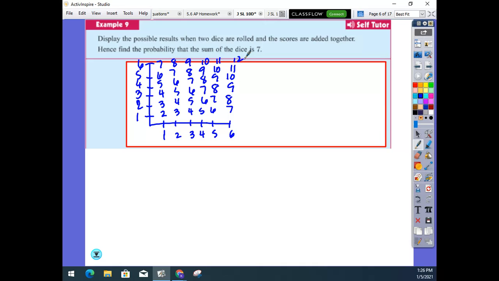All right, so we have a 6 by 6 amount. So the total, the number in our universe here is 36.